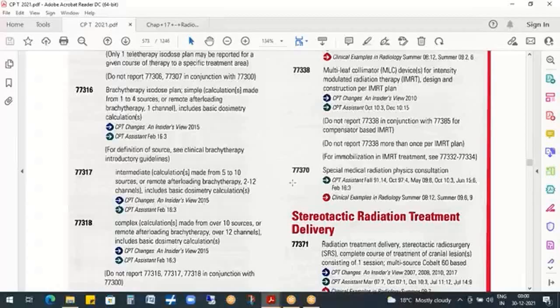Second point, type of technique or procedure performed.